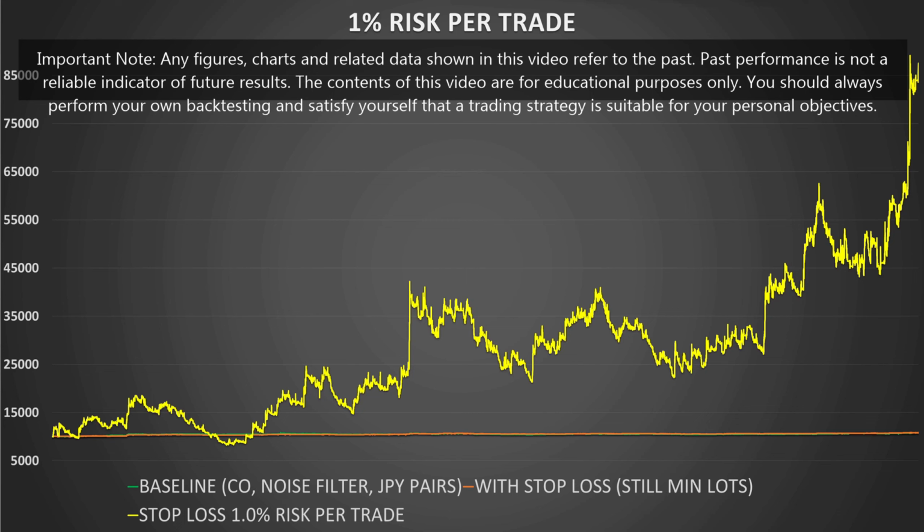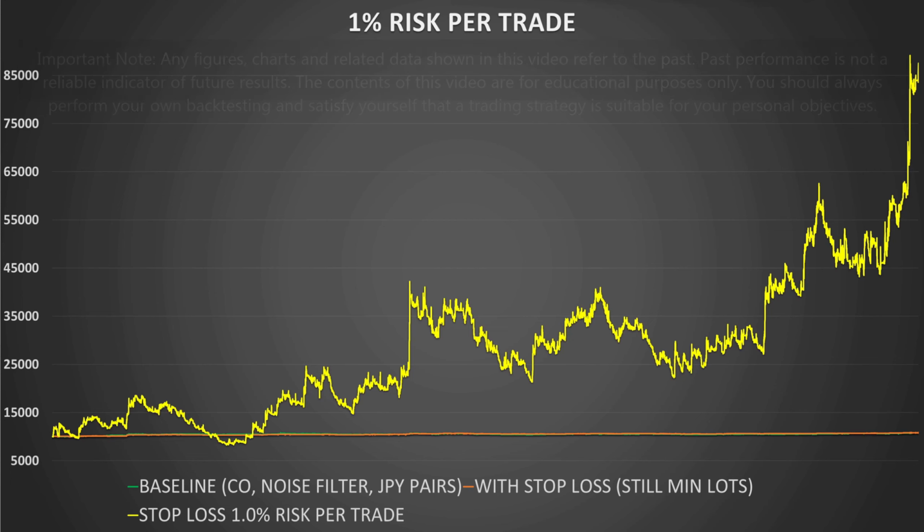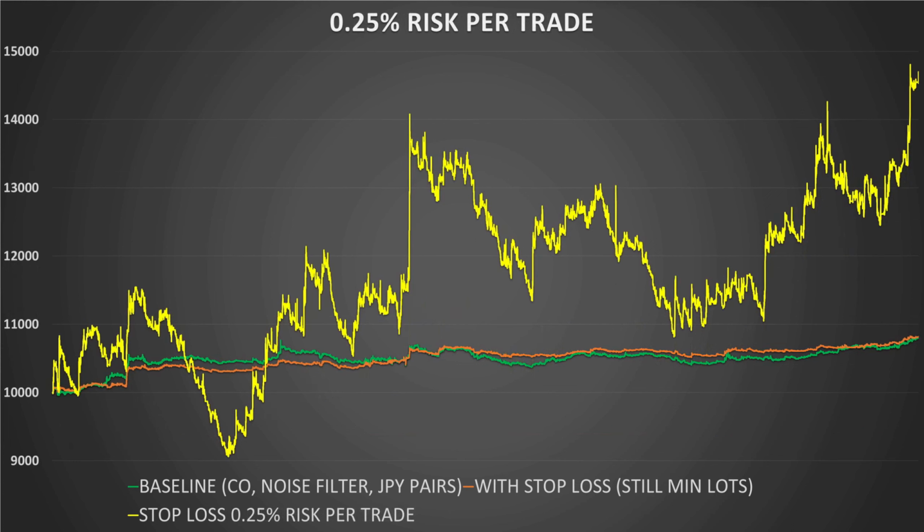So what I've also done is run this test with a much smaller level of risk, 0.25% per trade. And if we take a look at how that compares to the green baseline and the orange line, that allows for an easier comparison.